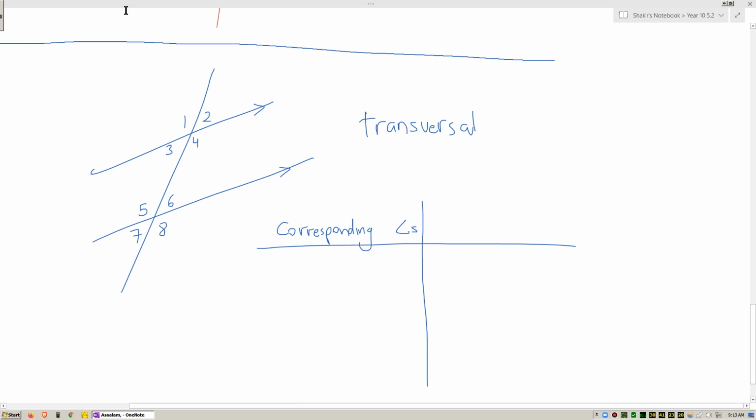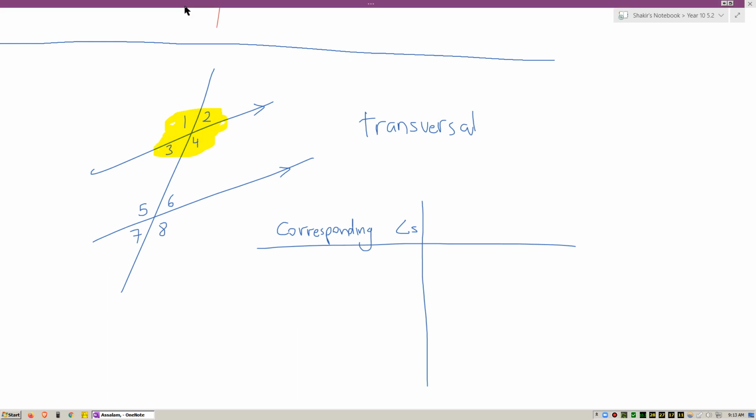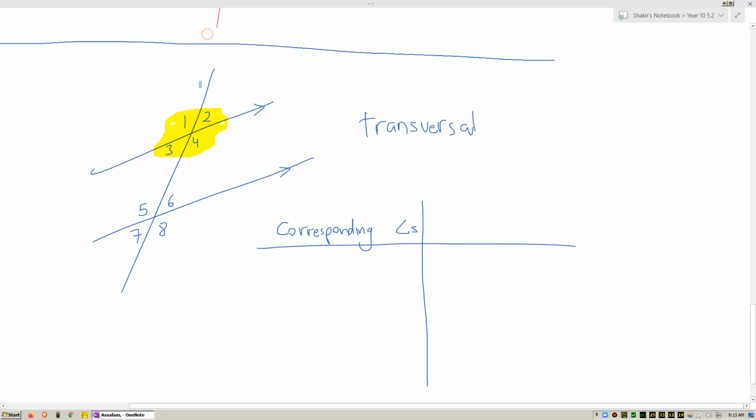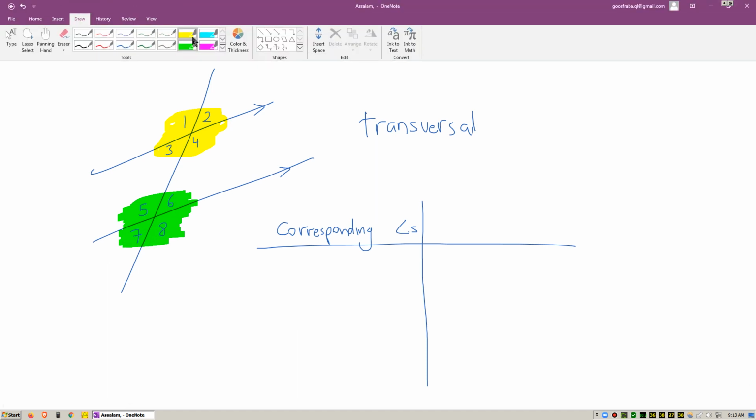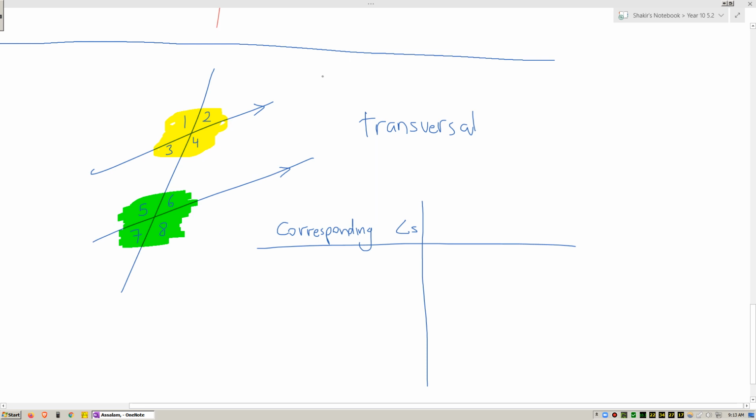Now what it's referring to is that if you consider the yellow intersection, the yellow batch of angles, and then you compare that with, let's say, the green batch of angles, then in each batch of angles, there is an angle in the top left. 1 is in the top left, and so is 5.